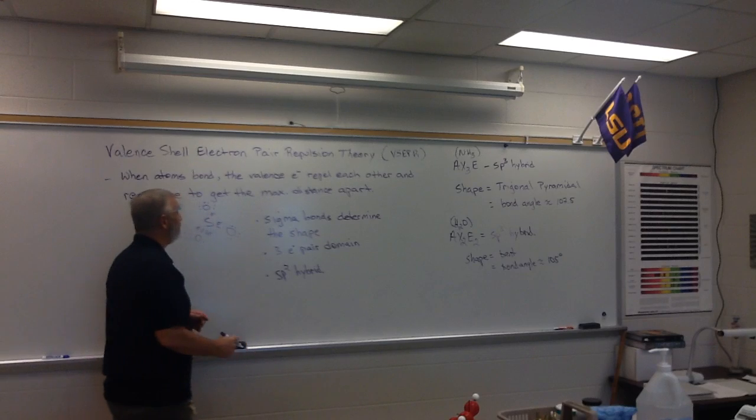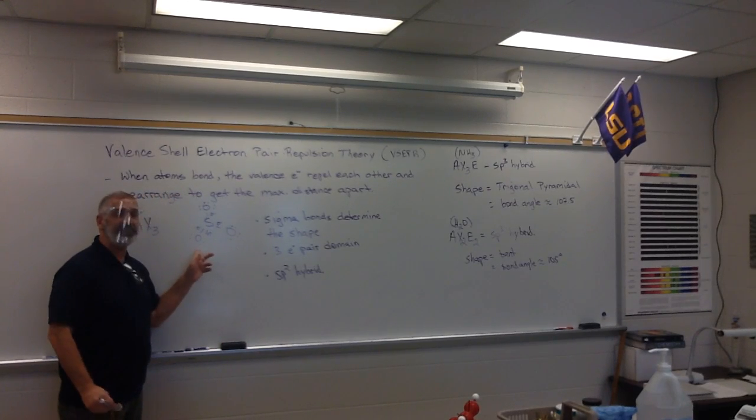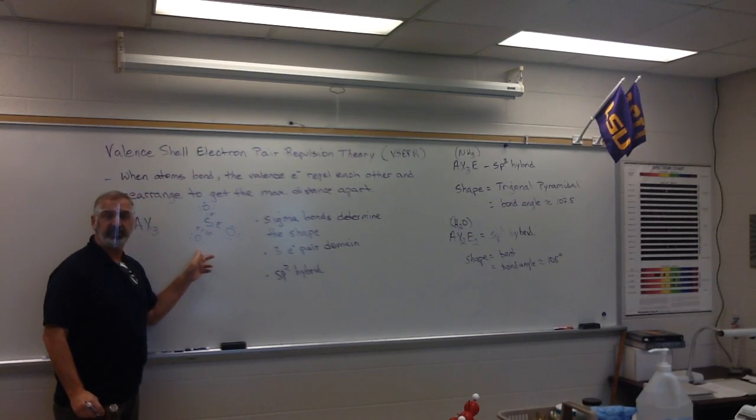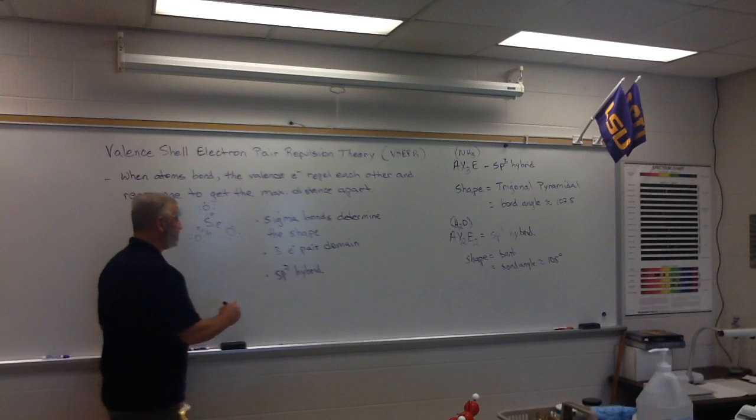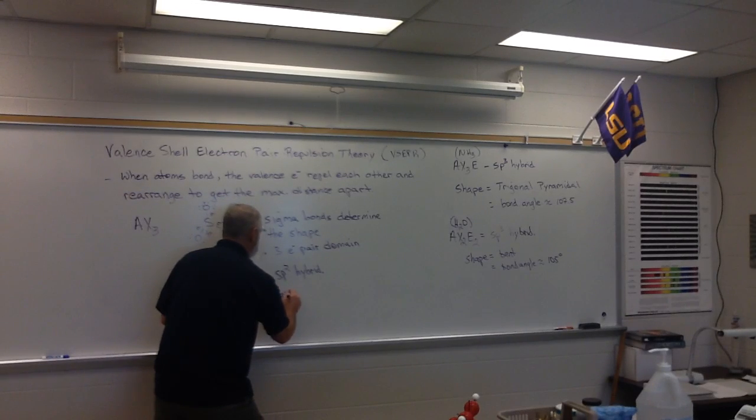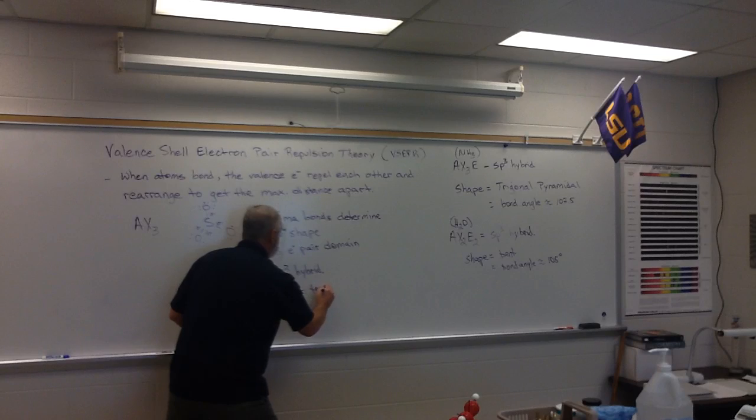And what shape do you think that 3 things that hate each other are going to try and get to? A triangle. Okay, and by definition, triangles are flat, so we're going to say the shape is trigonal planar.